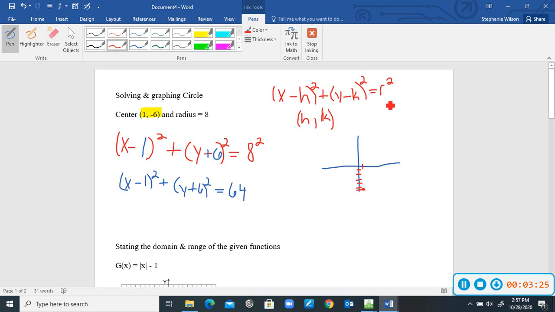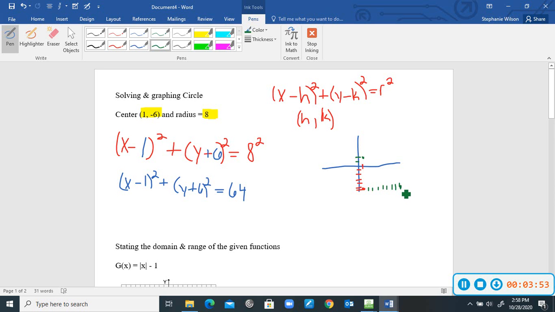The radius is telling me that it's so many places away from the center. So if I go to my radius and I notice it's 8 before I square it, then that means I need to go up 1, 2, 3, 4, 5, 6, 7, 8. So right here. I'm going to go back to my center and go over 1, 2, 3, 4, 5, 6, 7, 8.